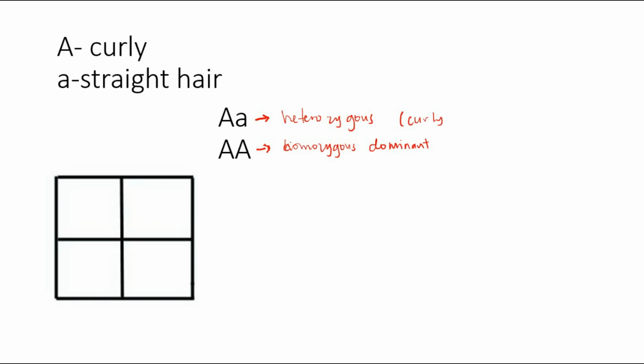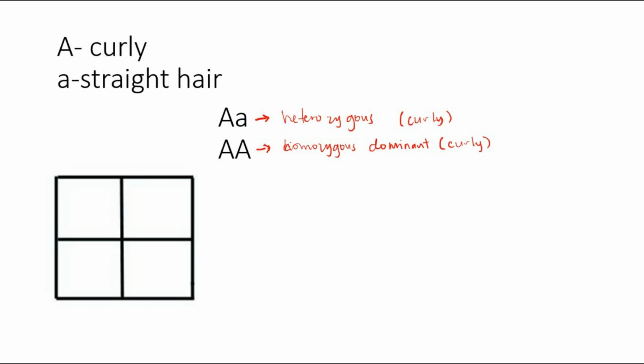So basically, the mother is also curly, although it has a small letter a, it's still curly because curly hair is the dominant trait. And then the father is curly because he is homozygous dominant.